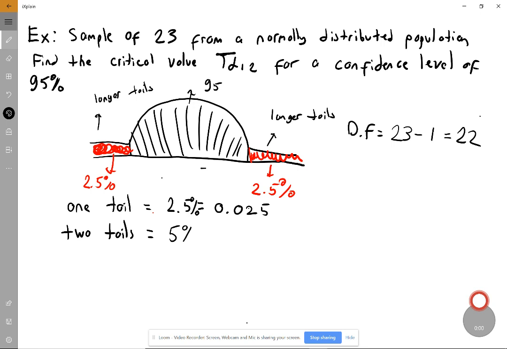So the total is 5%, and that is 0.05. So why am I writing this? Because later this will be useful to pull the critical value out of the t-table. Okay? So you either look at the one tail or the two tails value. It doesn't matter which one you look at because they both will give you the same result. And then you pull the critical value out.